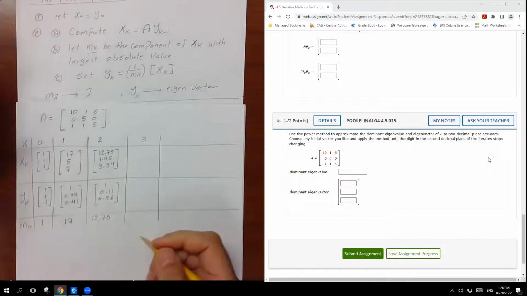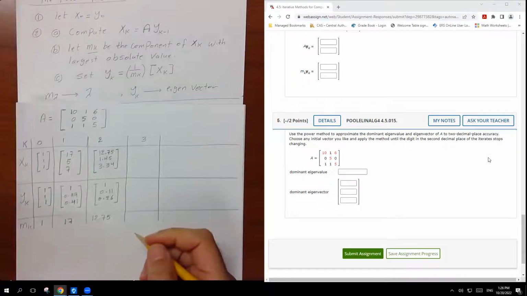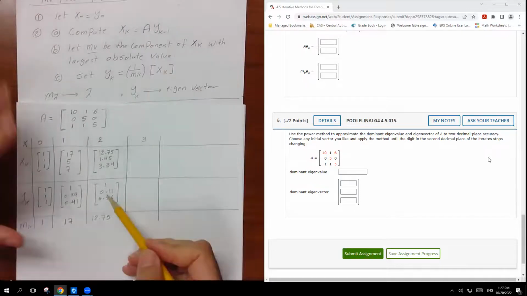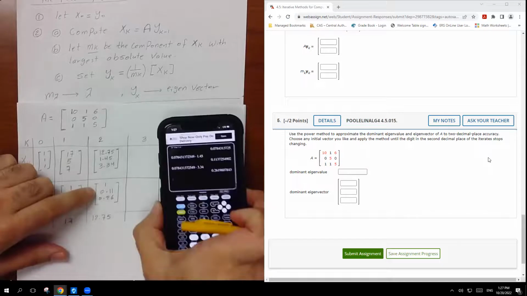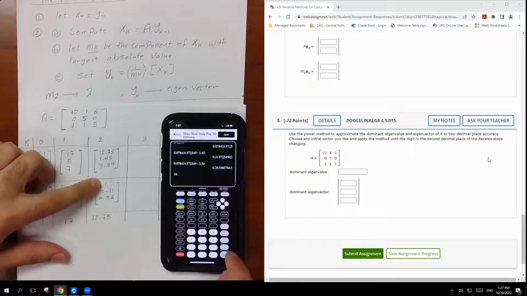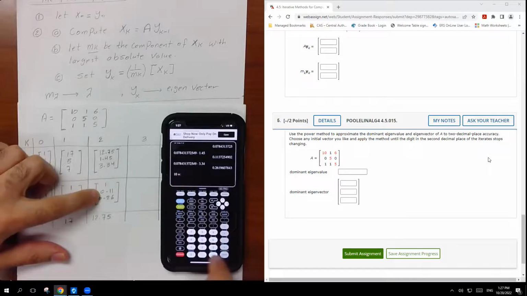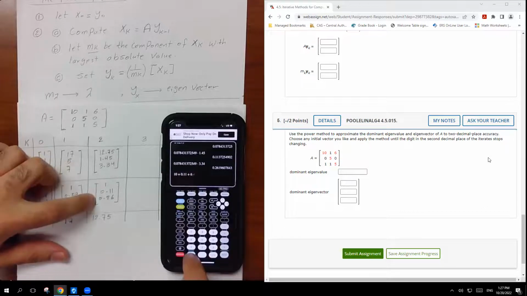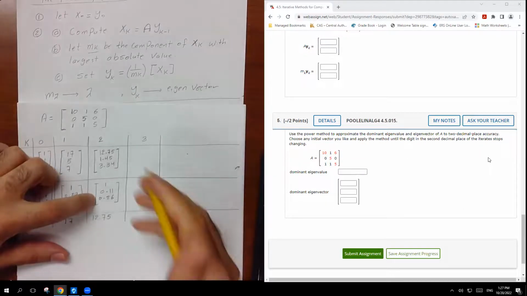We find it by multiplying a times this yk. So it's going to be 10 times 1 plus 1 times 0.11 plus 6 times 0.26. It's going to be 11.67.